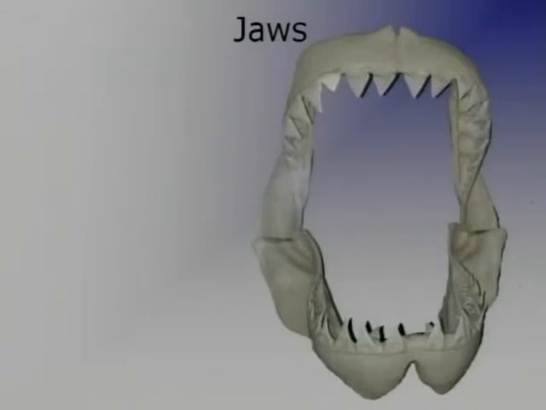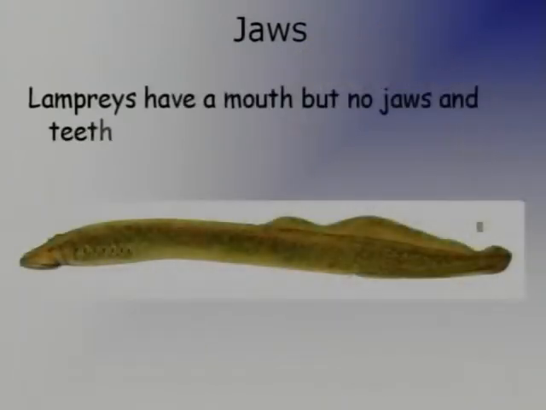Another example of a very important transition that you would like to see in the fossil record if you're going to argue for evolution is the evolution of a jaw. Where did jaws come from? Well, we don't know. What we have in the fossil record is creatures very much like the modern lamprey today. Lampreys have a mouth. They have a kind of teeth, but they don't actually have teeth and jaws as you would find in ordinary fish.